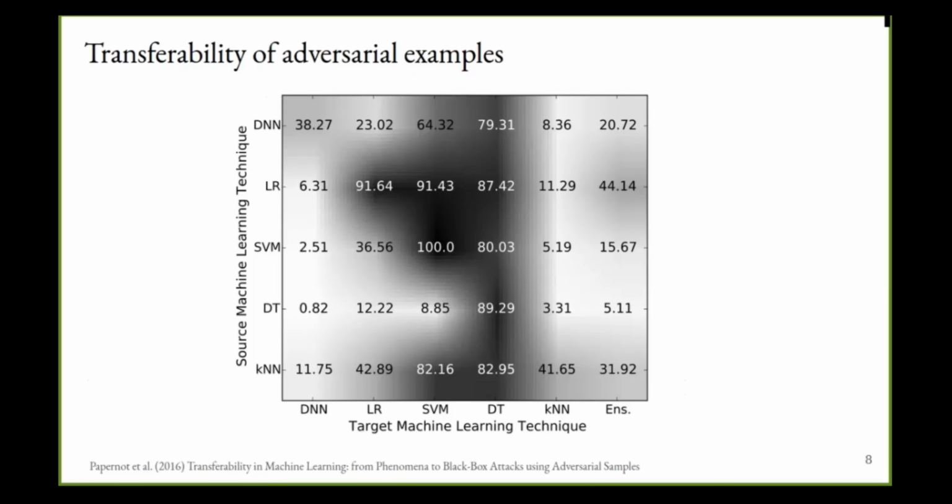Well, studies have shown that adversarial examples generated for a specific model could transfer to other neural networks that were trained on different data. Even more, this heat map shows that adversarial examples generated for different models could transfer to different types of models. For example, neural networks, SVMs, decision trees, or even ensemble learning.